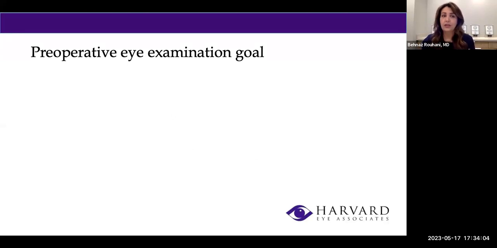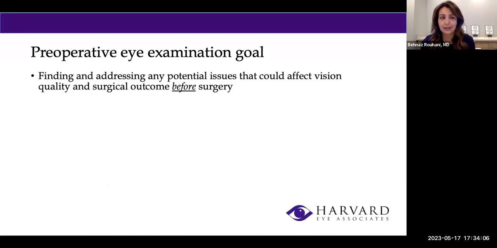So the goal for preoperative eye examination is to find and address any potential issues that could affect the visual quality and surgical outcome before surgery. This is very important because some of the conditions could be asymptomatic or on the milder side before surgery, and cataract surgery itself could be associated with transient discomfort of the eyes after surgery.